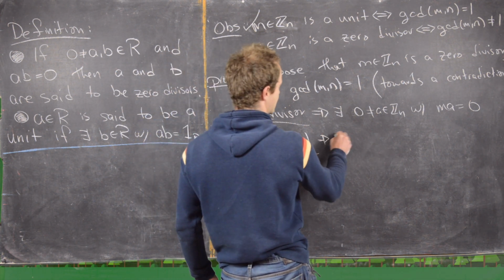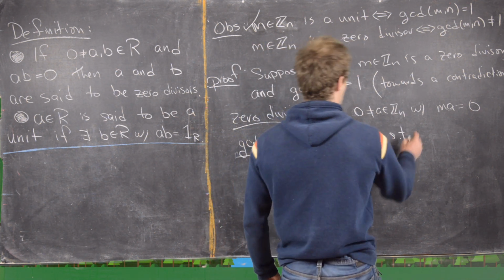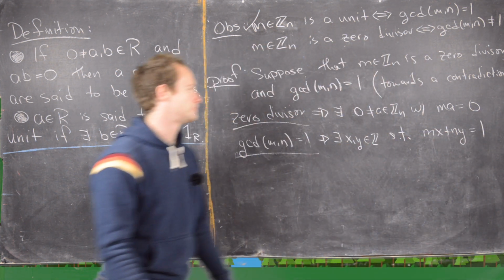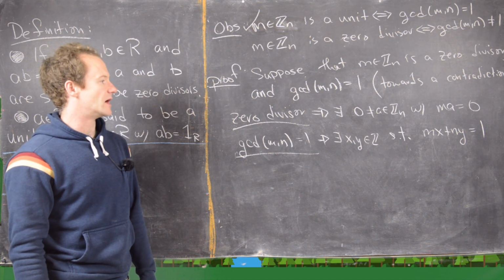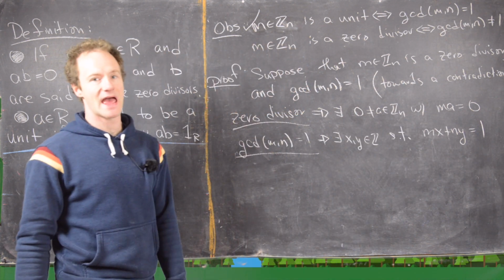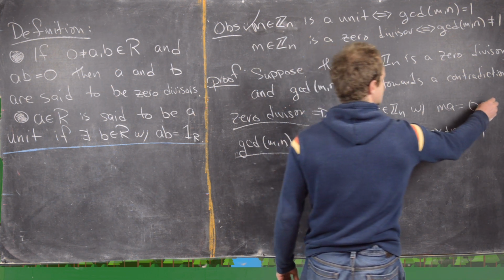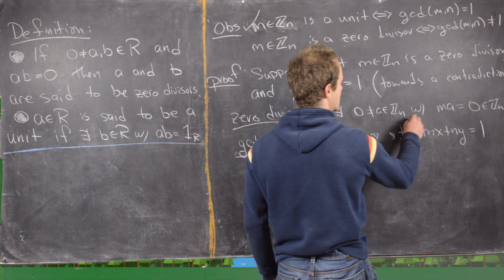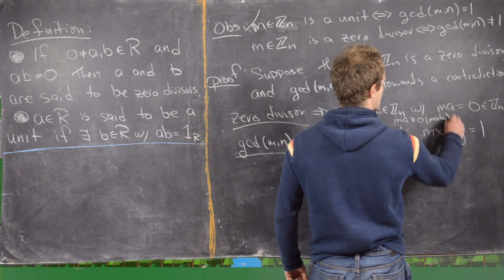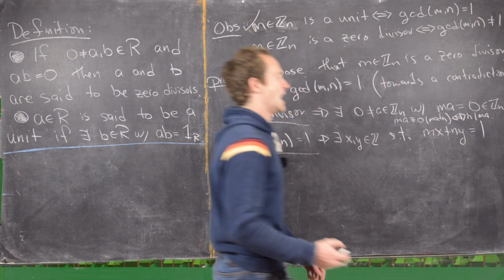So that tells us that there exists x and y in Z such that mx plus ny equals 1. Okay, great. Now, the next thing that we want to do is multiply this whole equation by a. But before we do that, notice that ma equals 0, that's happening inside of Zn, which is the same thing as saying ma is congruent to 0 mod n, or in other words, n divides m times a.